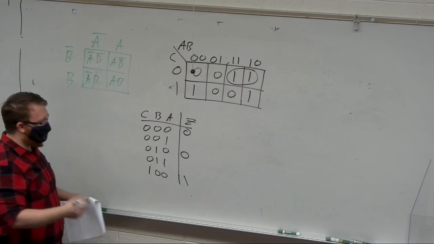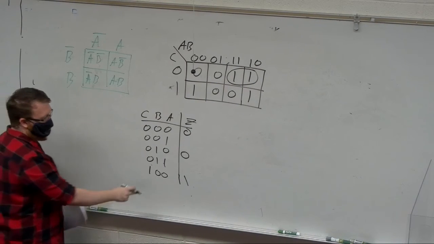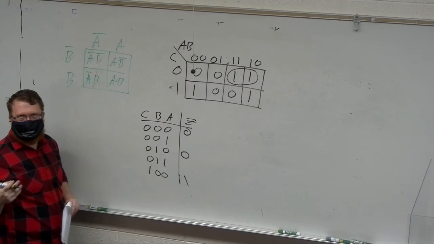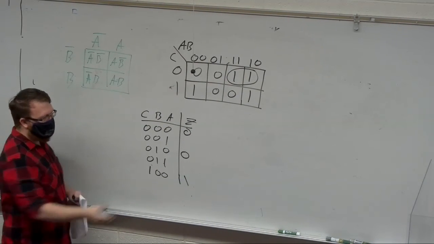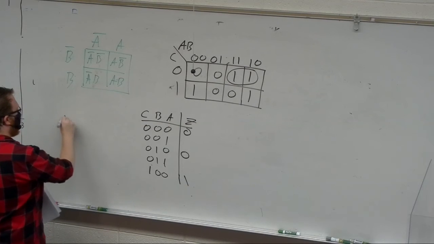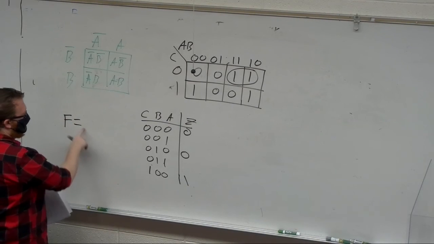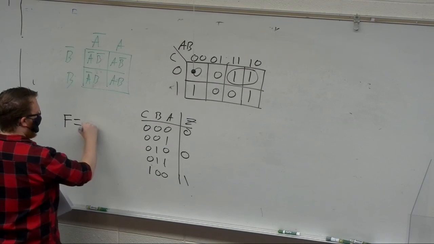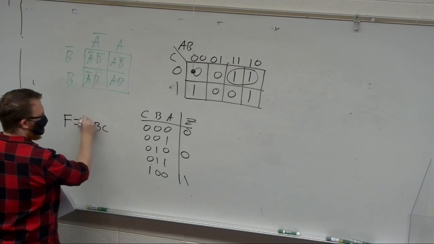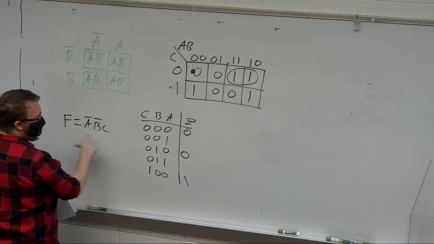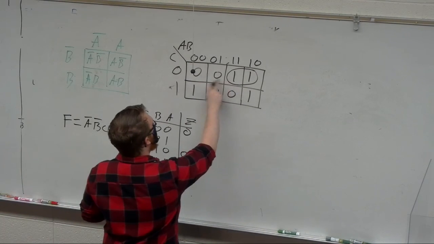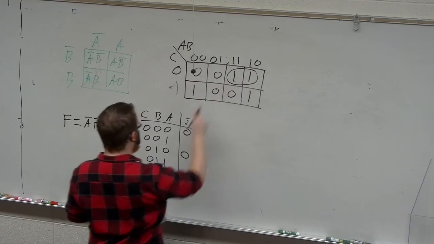If you recall from our truth tables, we can build a sum of products from a truth table, right? So I could say, building off of this, F is true if not A, not B, not C, and let's find a different one as well. So this is not C, but A and B.